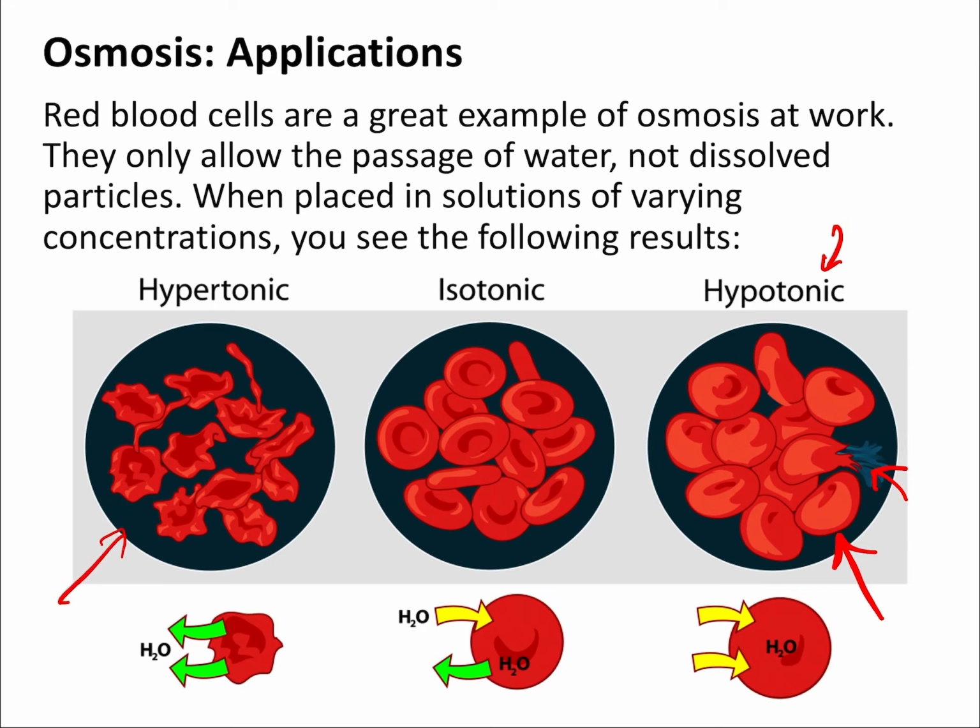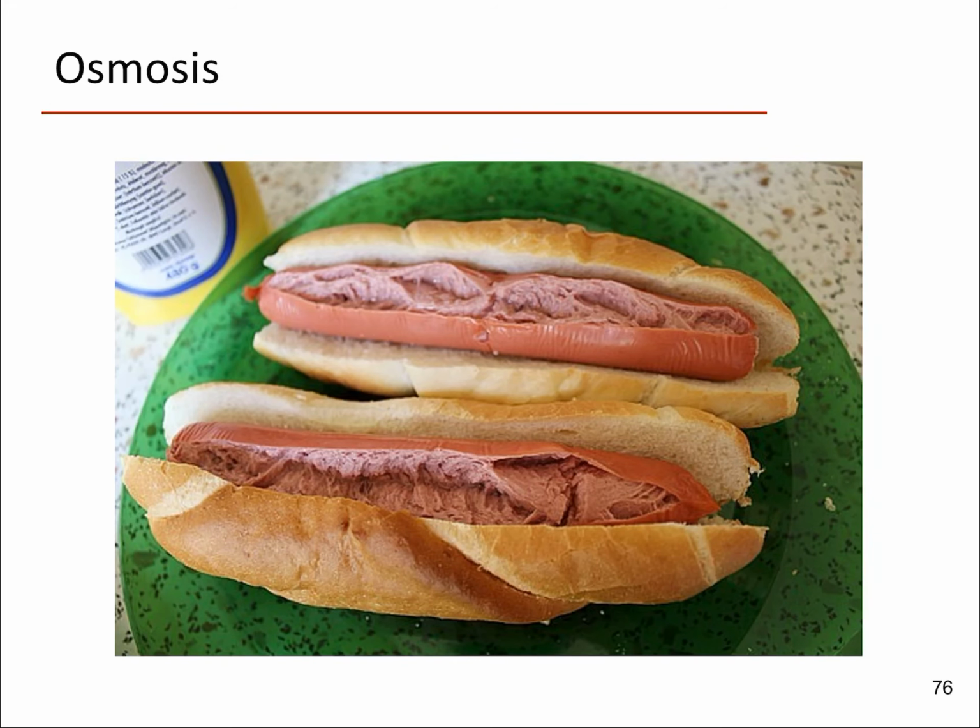Isotonic would be a solution with the same solute concentration as is found inside the cell. If you place the cells into an isotonic solution, the rate of water going into the cell and out of the cell is the same. The cells don't expand or shrink, and they'll stay just steady in there like they want to be.